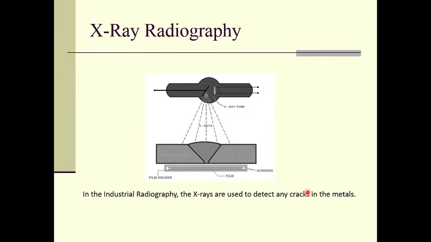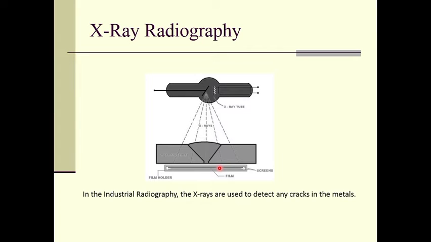So this is industrial radiography. In industrial radiography, we have the X-ray source or X-ray tube. We know the Coolidge tube will produce the X-rays. These X-rays will be incident on the metal sample.